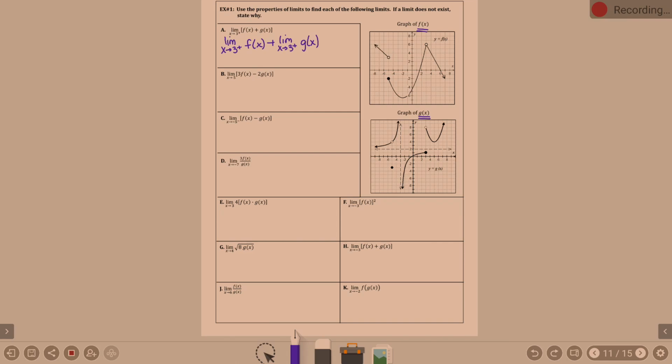That's how your brain can think of this. And it's not even that you necessarily have to rewrite it out like that, once you know what you're doing. But that's what your brain can just think as, okay, it's the limit of f plus the limit of g. Now, grab your answers from the graph. The limit as x approaches 3 from the right of f of x.